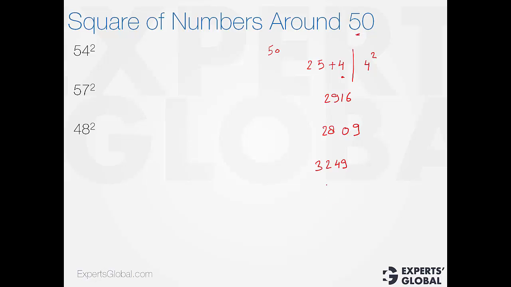48 square, now this is minus 2. So you have 25 minus 2 on the left side, and you have minus 2 square on the right side. It's 2304.